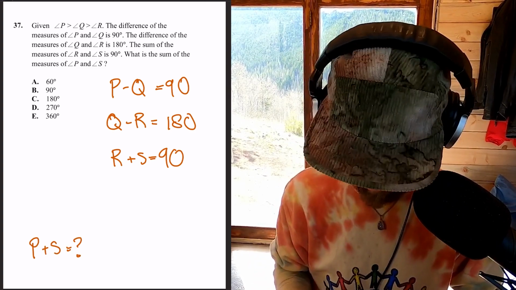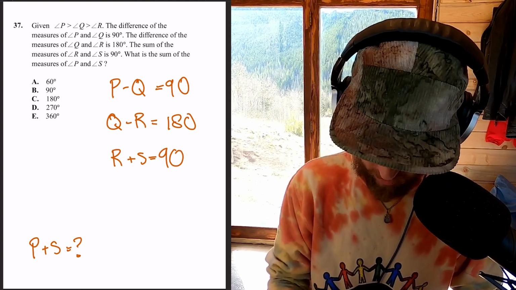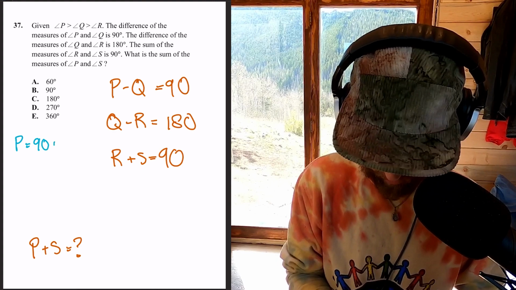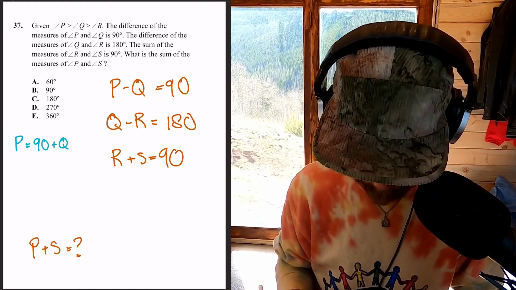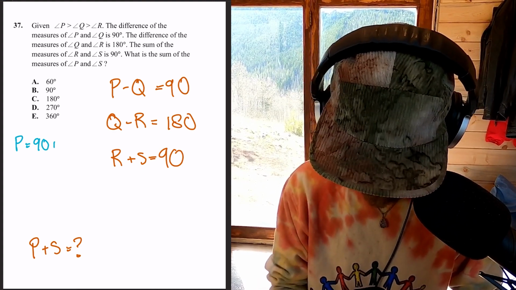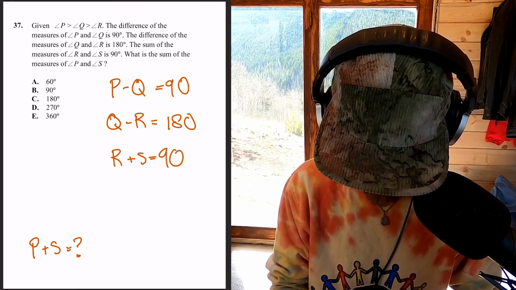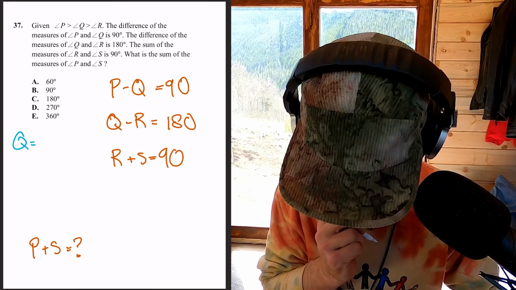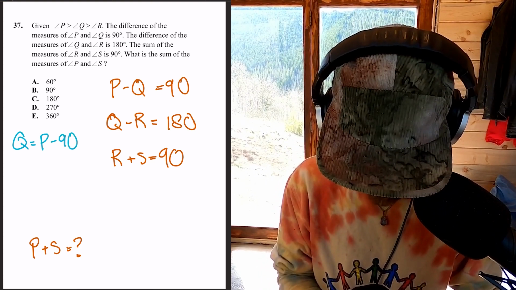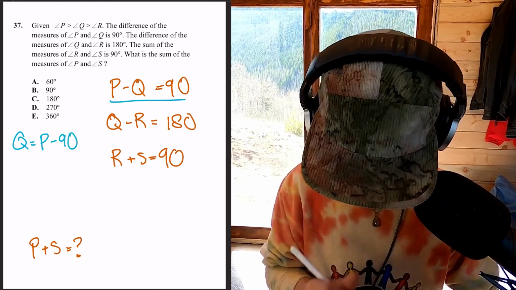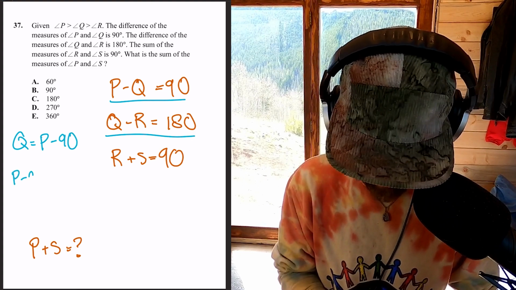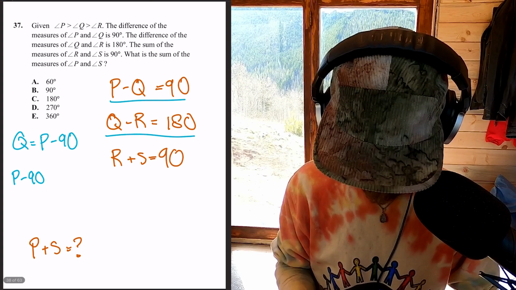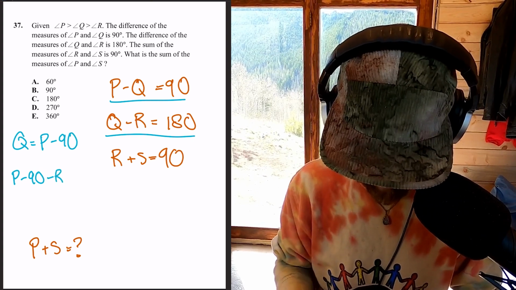Okay, well, I do know that P, I'm going to go to a different color here. P is equal to 90 plus Q. So therefore, oh, you know what? Let's go in reverse order on that. Let's say that Q is equal to P minus 90. Okay, some rearranging up here. And therefore, for the second equation, P minus 90 minus R. Is this even going to help us?